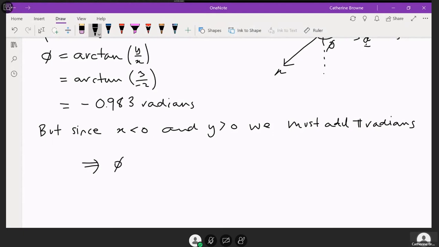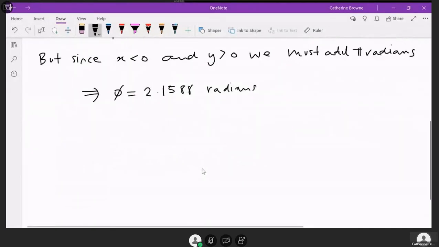So therefore phi is going to equal 2.1588 radians. So if you just think about where your position actually is, you should be able to figure out a range that you're expecting your angle to be in, and then you'll be able to work out exactly what it should be.